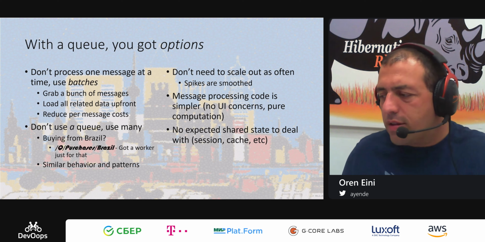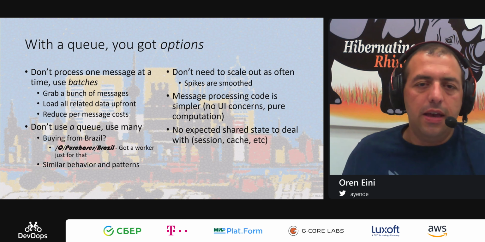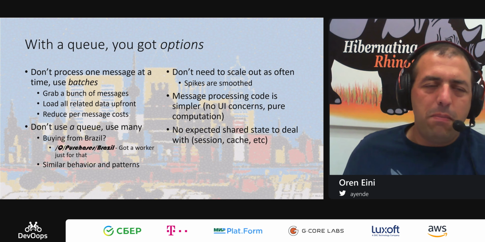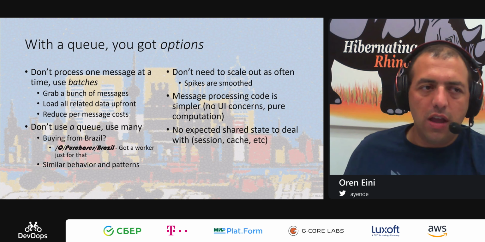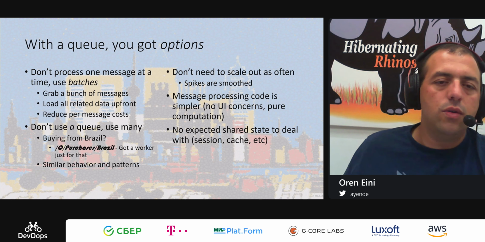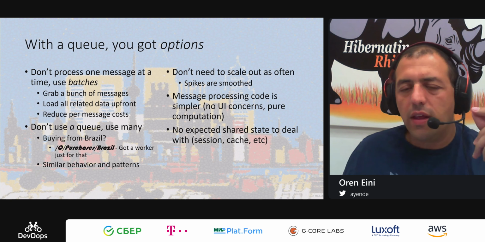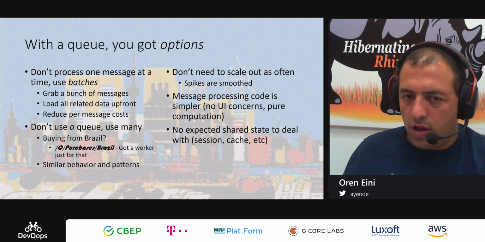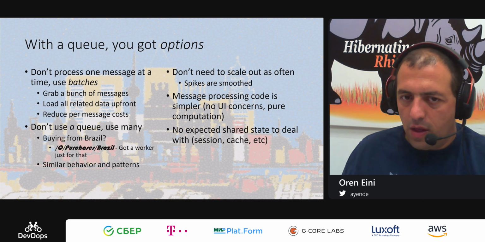In the same sense, in many cases, I have a bunch of documents or messages to process, and I can see that all of them are for Romania. So I'm going to send one request to the Romanian address validation service.